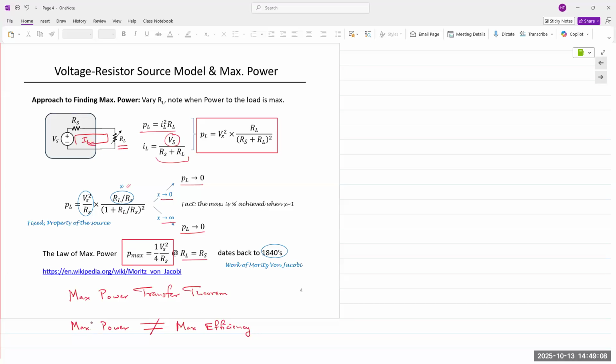In regular gas-powered vehicles or fossil fuel-powered vehicles, we would call that mileage, right? So same principle. Takeaway is maximum power does not equal maximum efficiency. It does not happen.